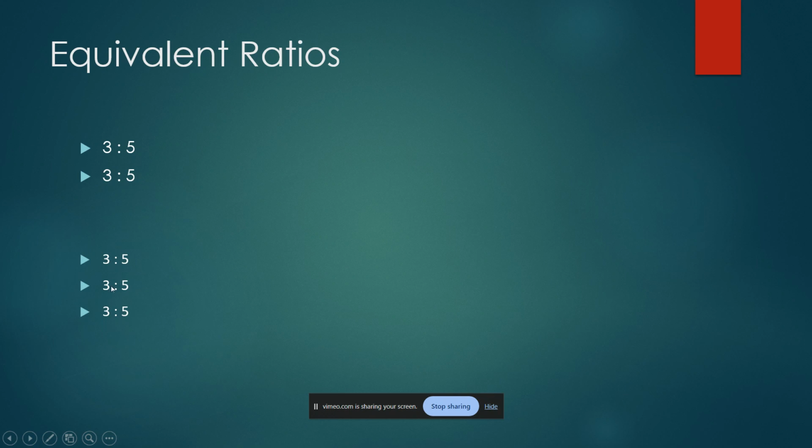So here, the person on the left has got 9, 3 plus 3 plus 3. And on this side, they've got 15. So 9 to 15. What 9 to 15 would say is for every 24 items, 9 go to the left and 15 go to the right. But that ratio, 9 to 15, is the same as 3 to 5. They're equivalent.